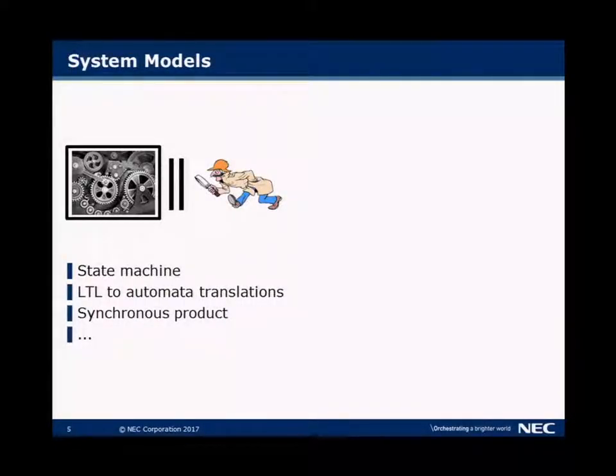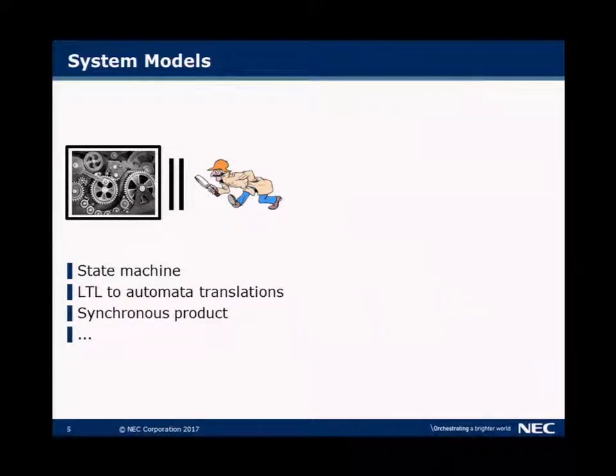In a very simplistic setting, if the system is a state machine, then we can use the synchronous composition with the monitor, assuming that it is given by an LTL formula. We can translate this to an automaton, and then synchronously compose the system with the monitor itself.